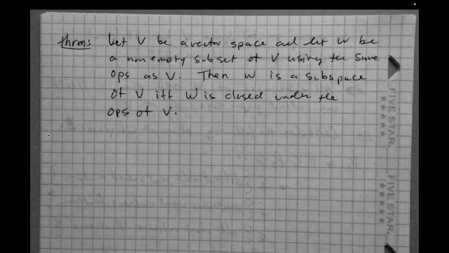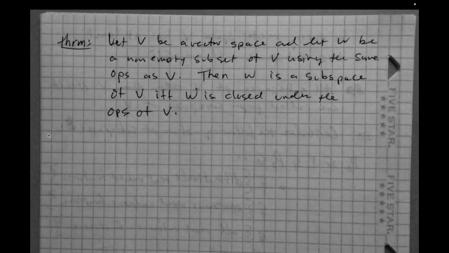So what is this theorem basically saying? If I have a vector space V and I've identified a subset of V, then in order to confirm that W, my subset, is in fact a subspace, I need only show that W is closed.